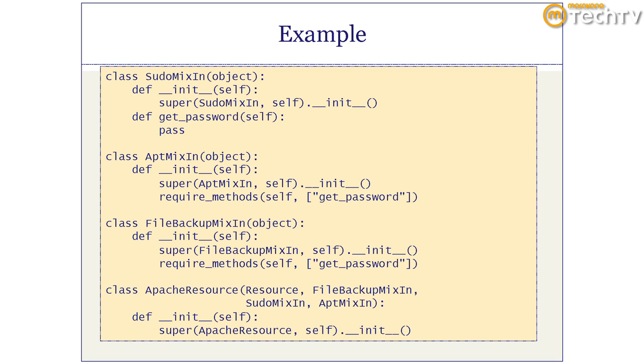Rather than subclassing from sudo mixin, they just declare they need this get password method. If you try to instantiate this class without including it in your inheritance, these will give you an error. Then in my Apache resource, I can mix these arbitrarily, and I don't care what the order is, and everything will work fine.